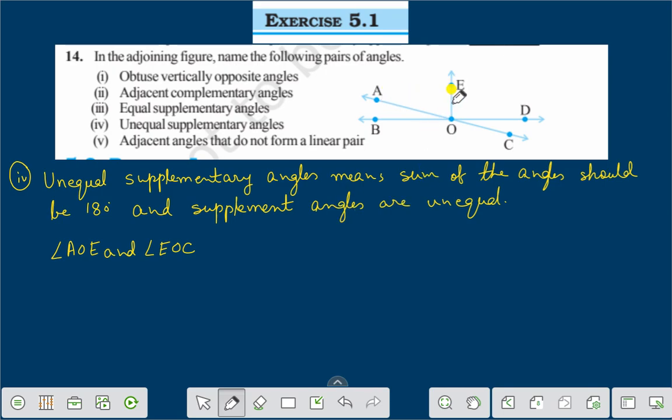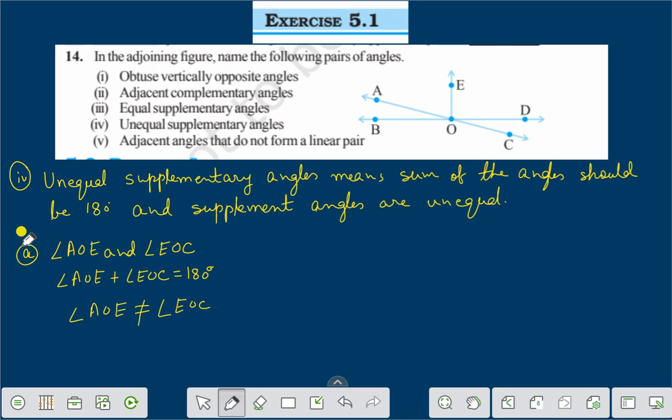Because angle AOE and EOC lie in a straight line. Or also you can say that angle AOE plus angle EOC is equal to 180 degree, and also angle AOE is not equal to angle EOC. This is the first pair.